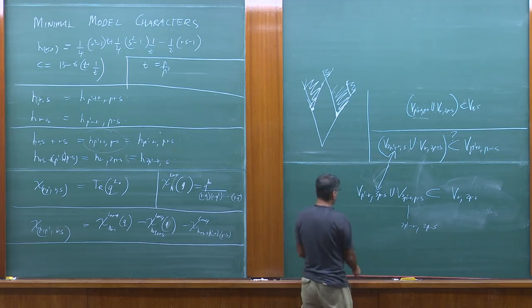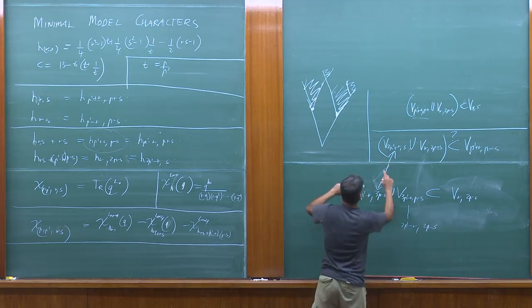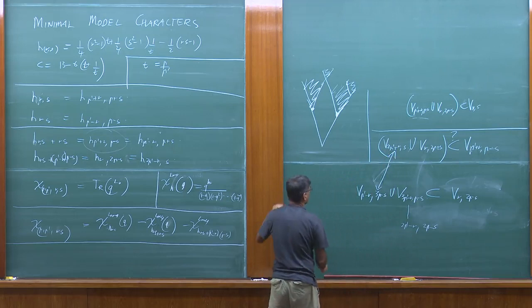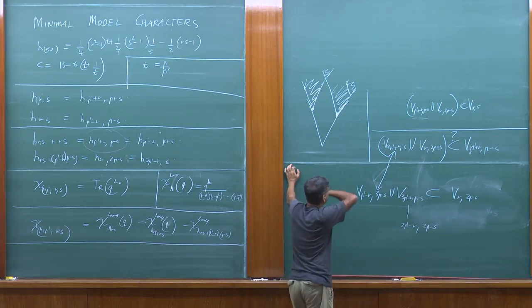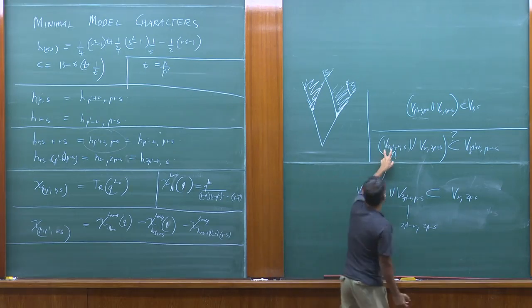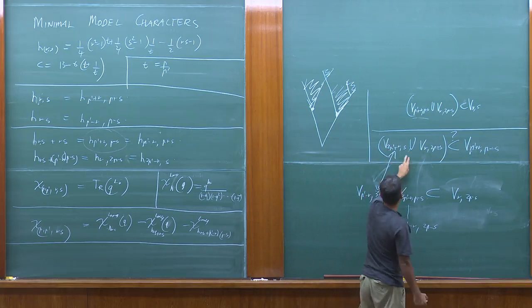Okay, so on this guy, I use the following periodicity property. P prime minus this and P minus this is the same as this guy.